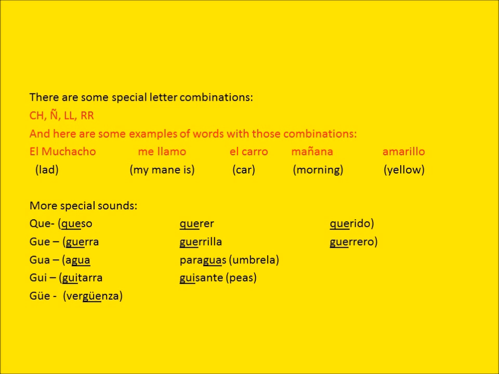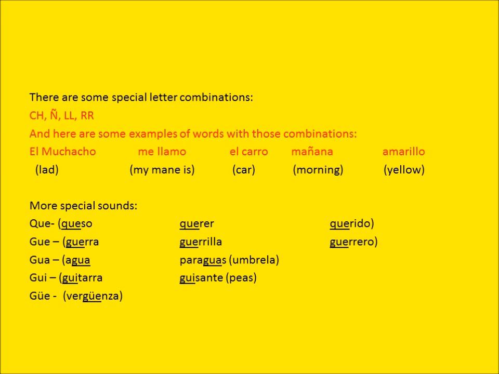Now, since we are talking about sounds, I want to call your attention to these five sounds over here. We can call them more special sounds. The Q, the U, and the E, the sound is going to be ke. It's a hard sound, ke. You don't pronounce the U as you can hear it, ke. Then the sound right below that is ge.